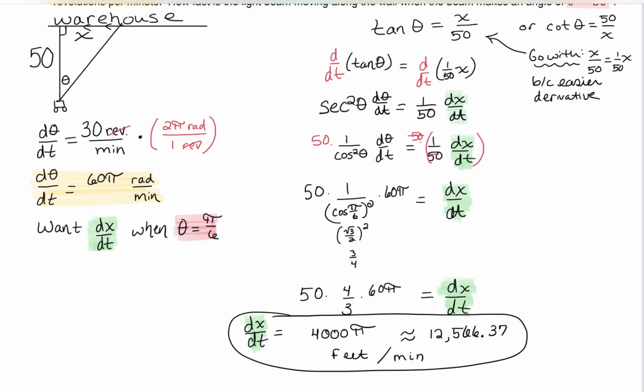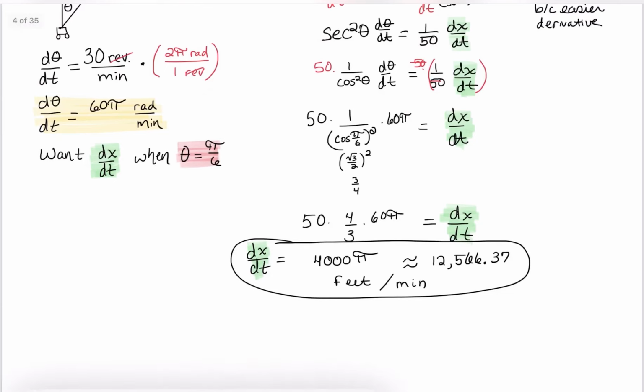So if you wanted to take that and divide by 60, I just did that quick in my calculator, it came out to approximately 209.44 if they specified in feet per second. So that would have been another option there.